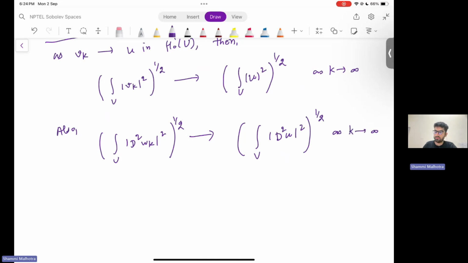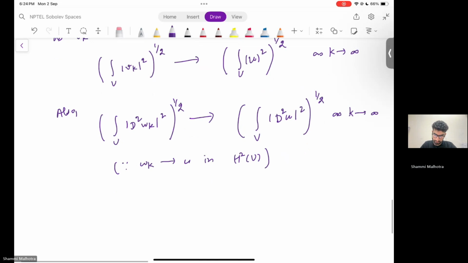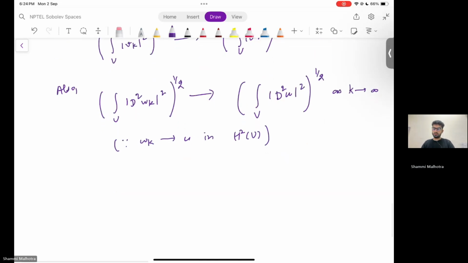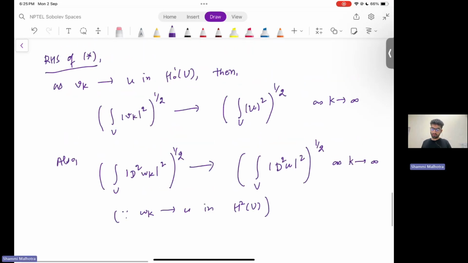And this again comes from the fact that w_k converges to u in H2 norm, and the H2 norm has this D2 u factor. Because of that, we again have the convergence. So the right hand side is converging to what we want in the inequality.